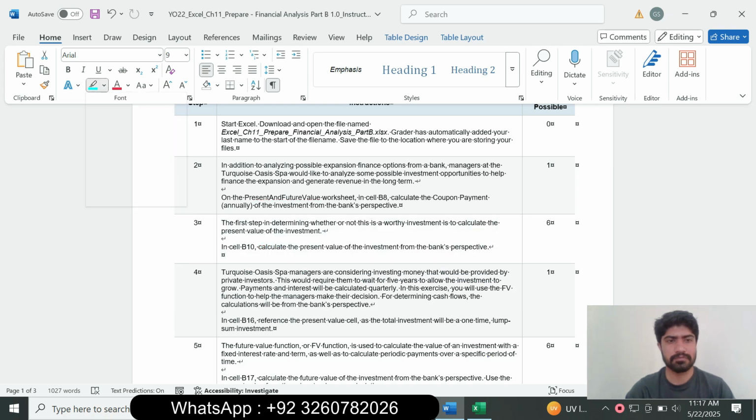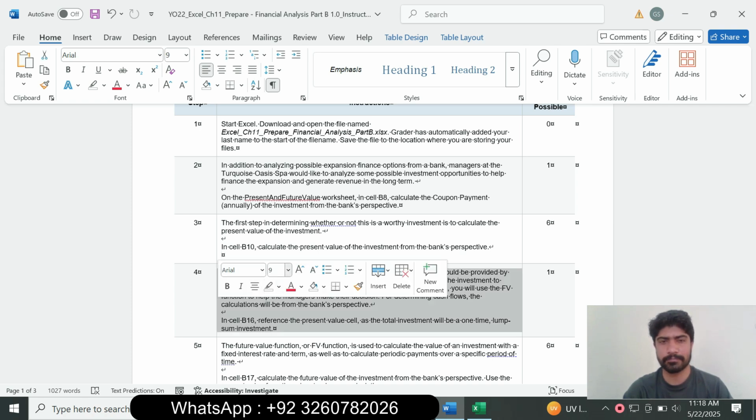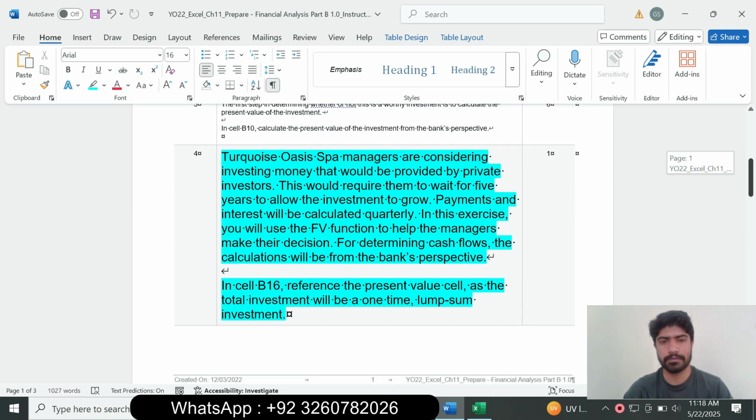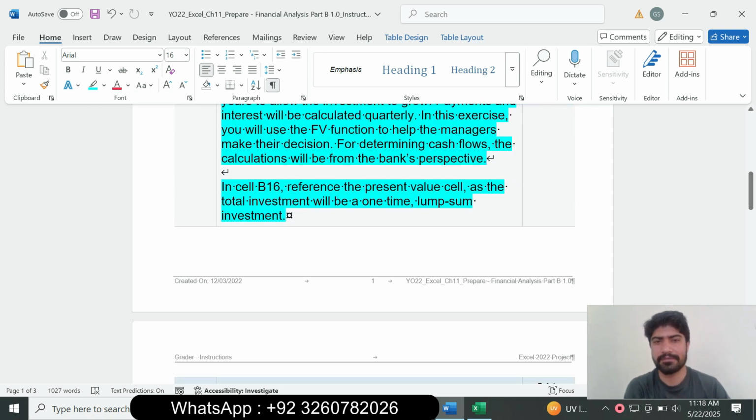We move to question number four. In cell B16, reference the present value cell, as the total investment will be a one-time lump sum investment.